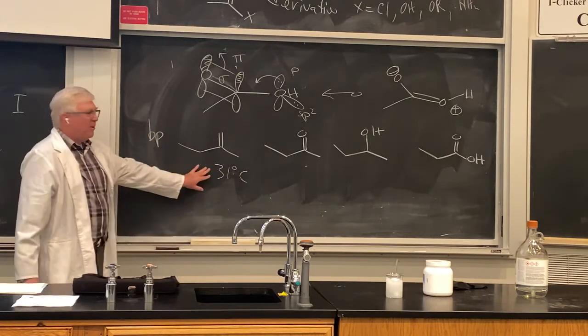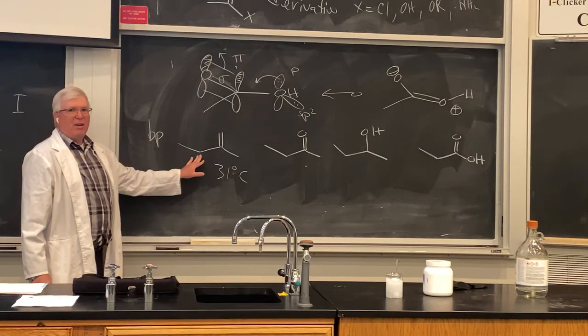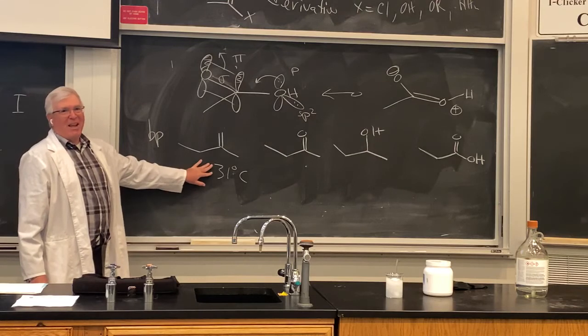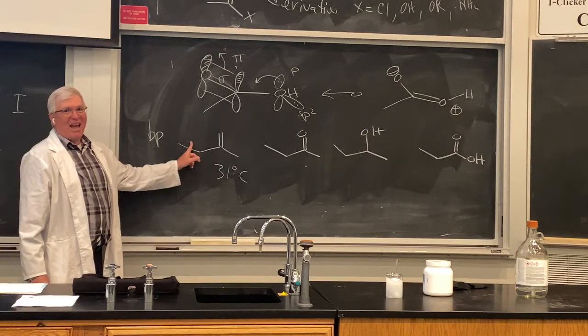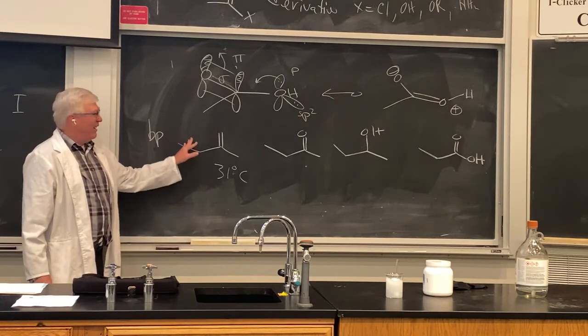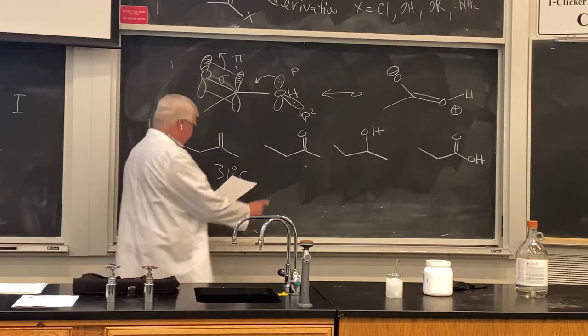Yeah, at room temperature, which is about 25 degrees Celsius, this is indeed a liquid, but not by much. You warm this up on a summer day in Tucson, this compound's a gas, right? It's gone. So you're very close between the liquid and the vapor phase there. What about a ketone here?